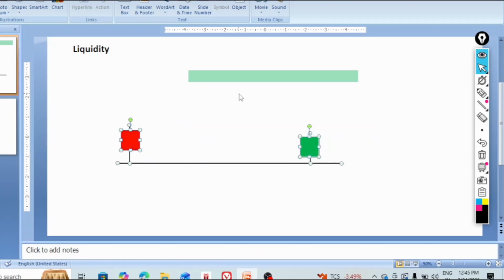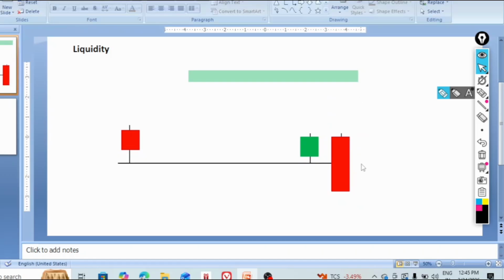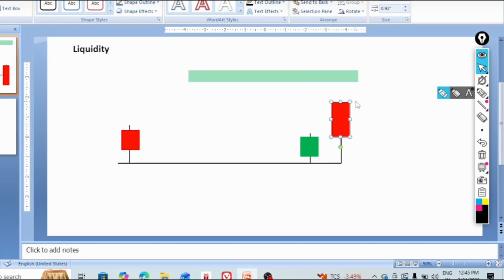Do not take a trade directly when there is an equal low, because whatever can happen there. The market can grab this liquidity at the equal low and then move up, or grab it and move up again.